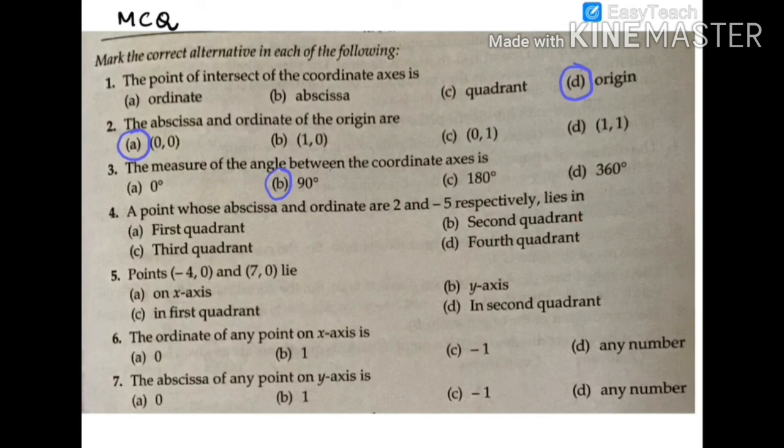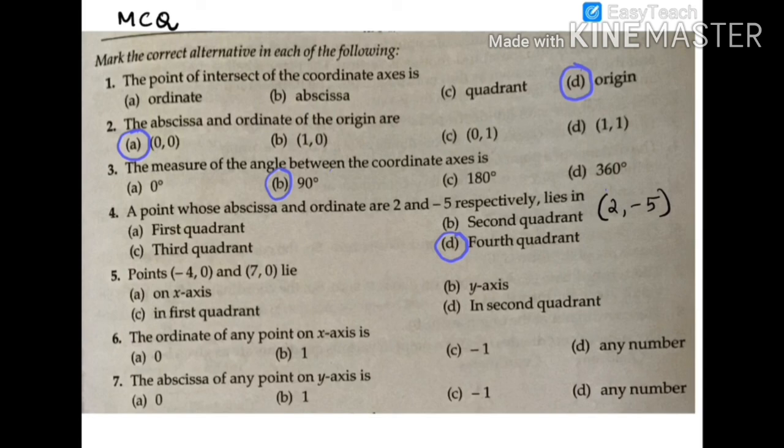This point is 2, minus 5. This means that we need a positive x-axis and a negative y-axis to read this point. And these two axes make the fourth quadrant.